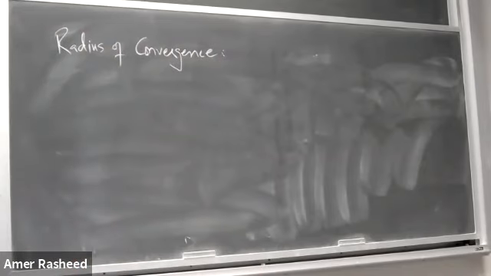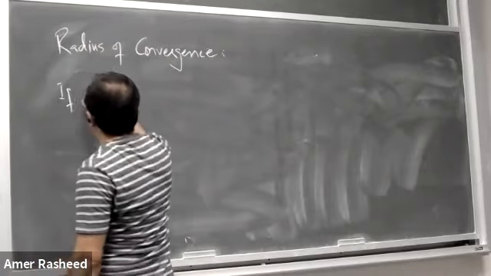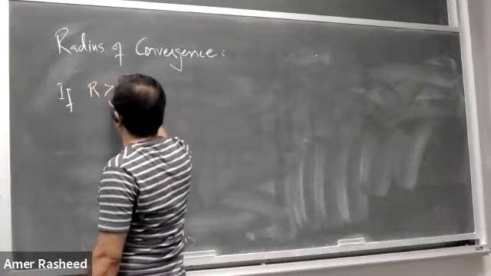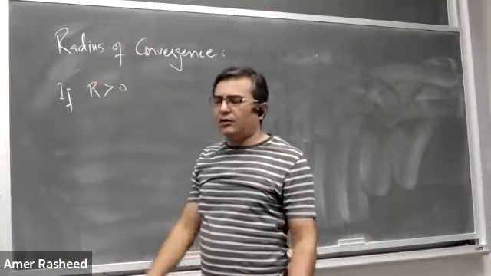Every power series has a radius of convergence denoted by R. You can say that R is some number greater than 0; the radius is always greater than 0.